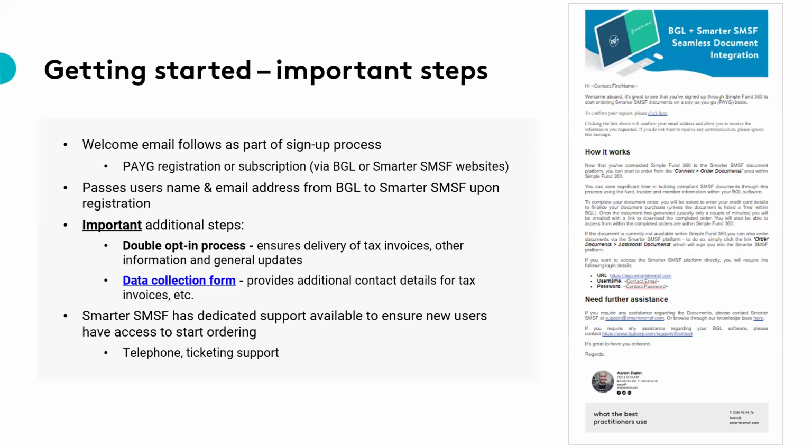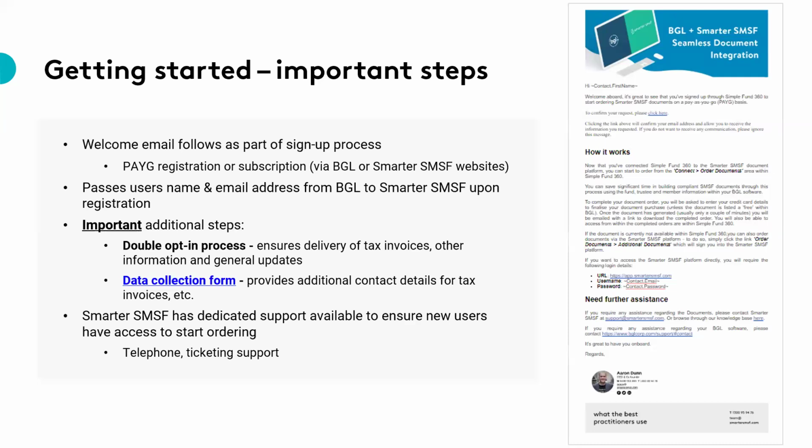Okay, so again, we've got a whole range of material that we send to you, and what you can see on the right-hand side here gives you an example of what the email looks like when it gets sent to you. But as always, if you have any questions about the process, or you're stuck, we do have a dedicated support service.